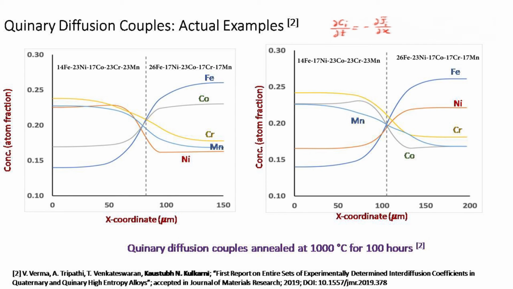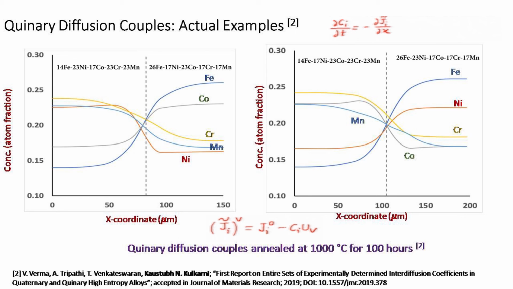Now, if molar volume is not constant, then this J I tilde, which is basically the flux in the volume fixed frame of reference, can be expressed in terms of the flux in the stationary frame of reference as J I 0 minus C I times u v, where u v is the velocity of the volume fixed frame with respect to the stationary frame.